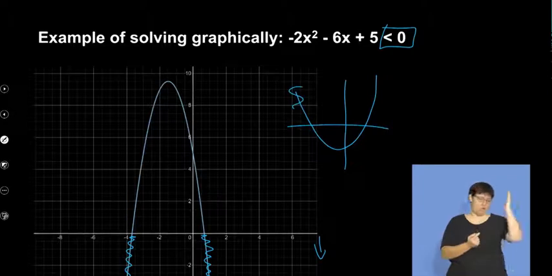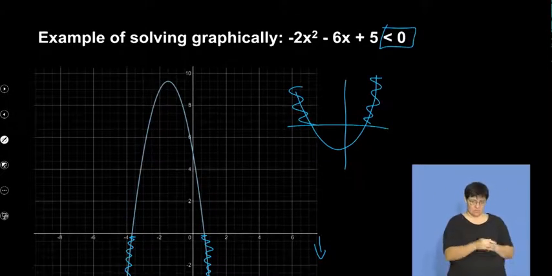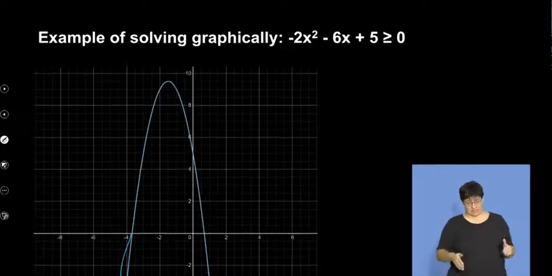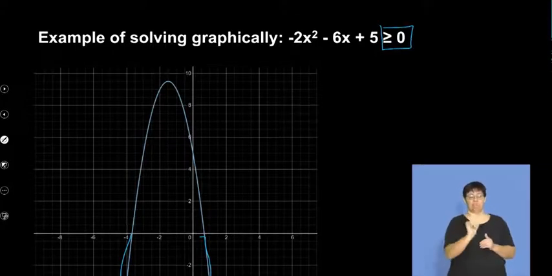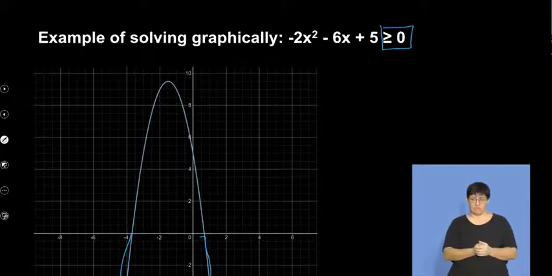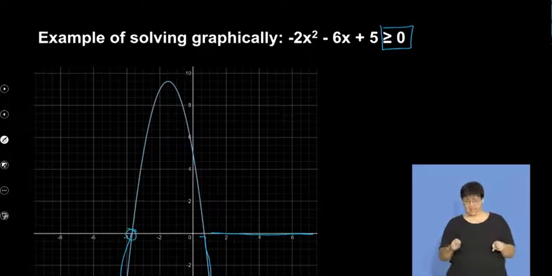So it is that arm or that arm there. So my solution for this will be this arm that I have here and that arm there. But if I now make it greater than or equal to 0, it means that 0 is part of the solution. And where is this 0? It is 0 on the x-axis, right? So at this point and at that point, that's where my solution is.